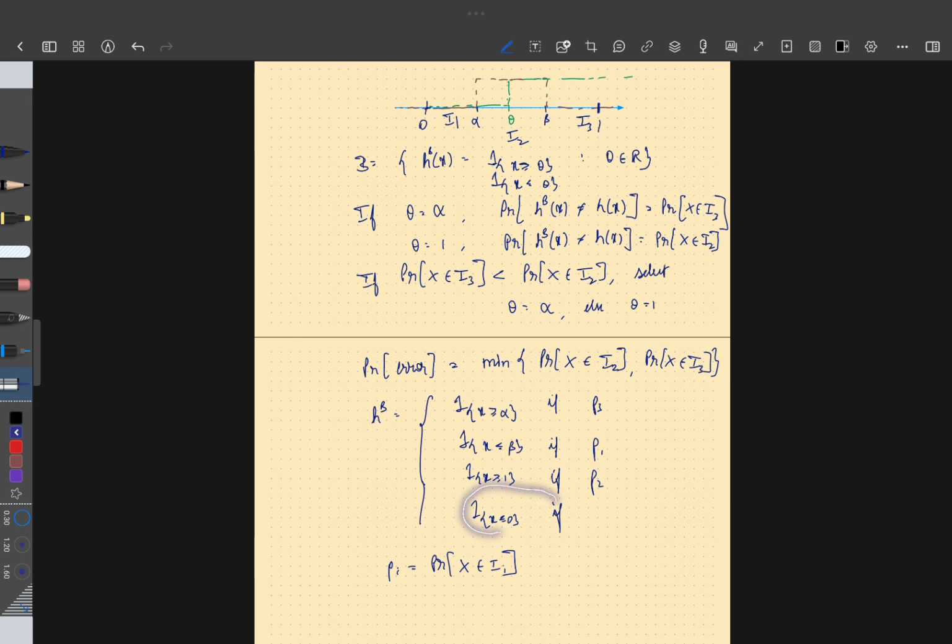In these cases I get the same classifier, so it's fine. I don't think I need this at all.